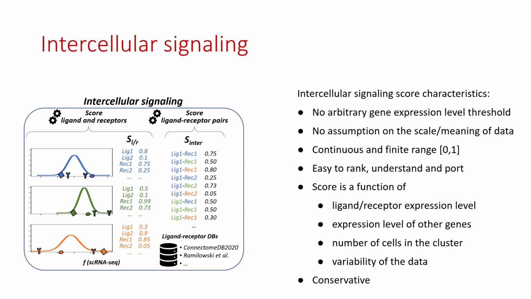This is very important because it is not required to interpret the score in different ways depending on the scale and meaning of the data. Indeed, the score always has a continuous and finite range between 0 and 1 that makes it easy to rank and understand.